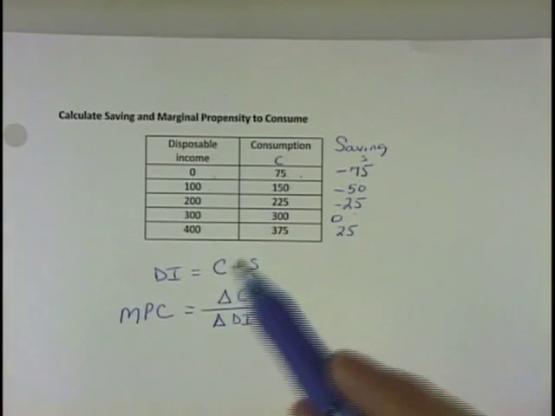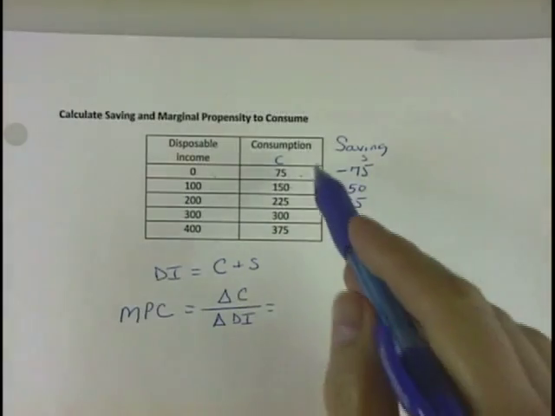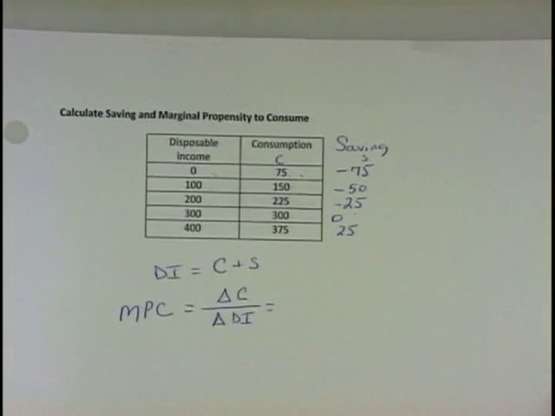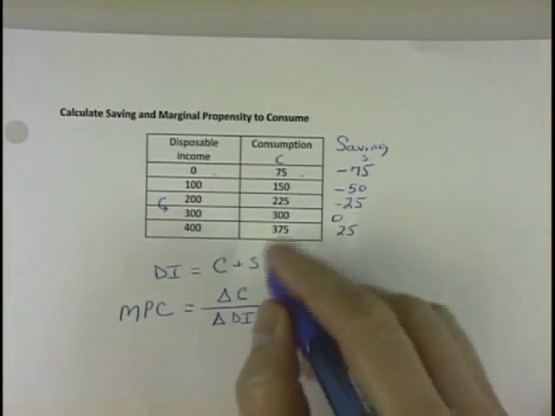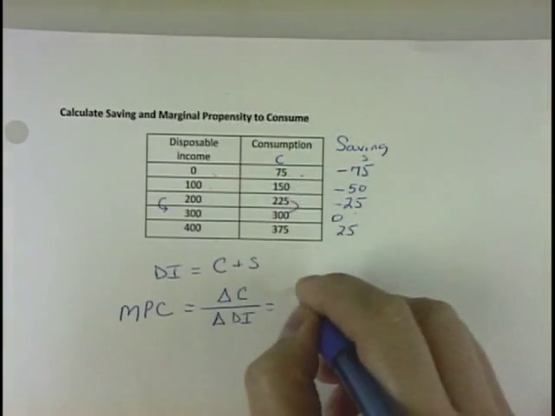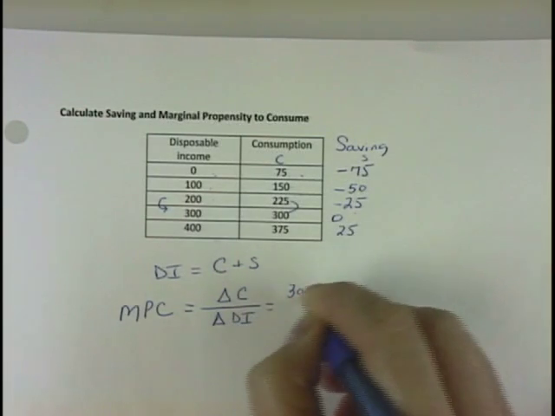Any ones that we're going to see are going to be linear functions. So it doesn't matter which two rows that we pick, it's always going to turn out to be the same. So let's go from 200 to 300. Our change in consumption is going to be 300 minus 225.